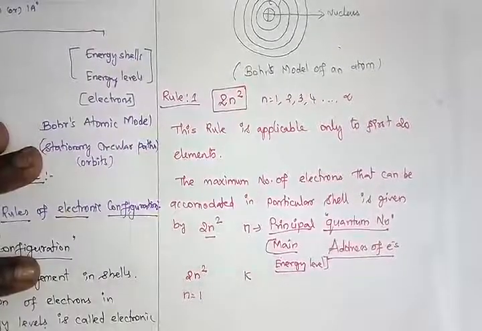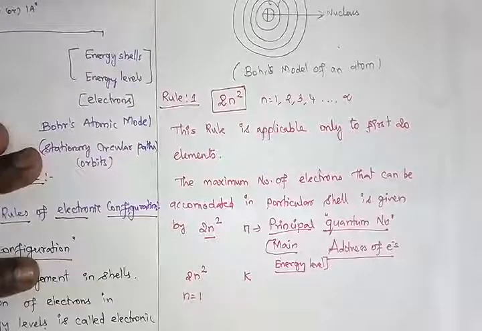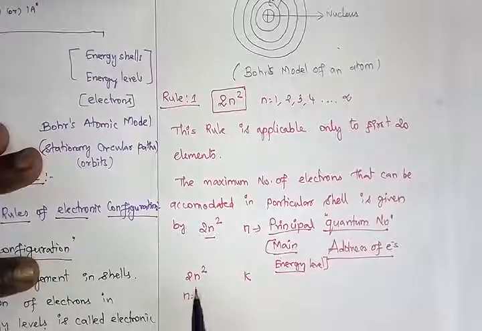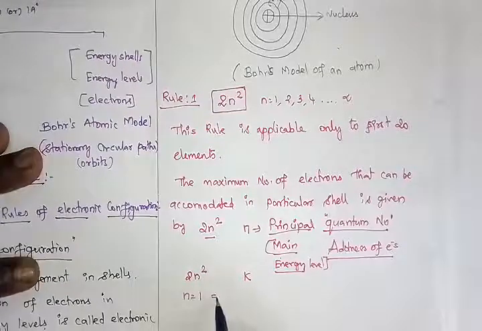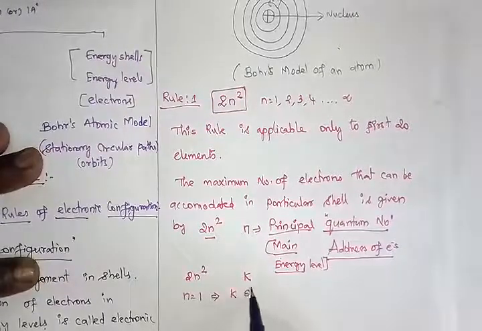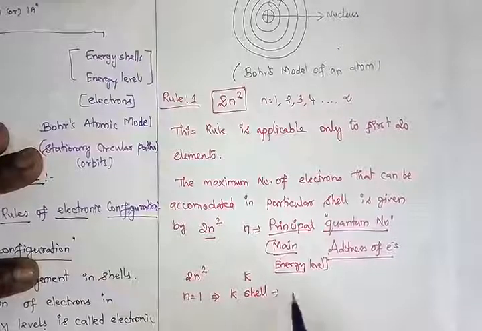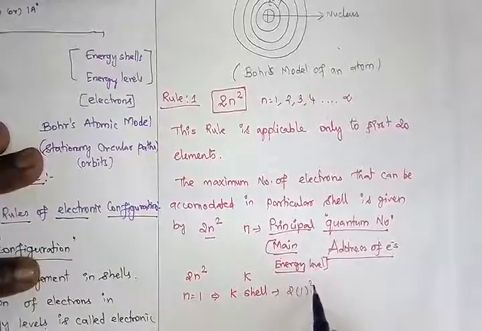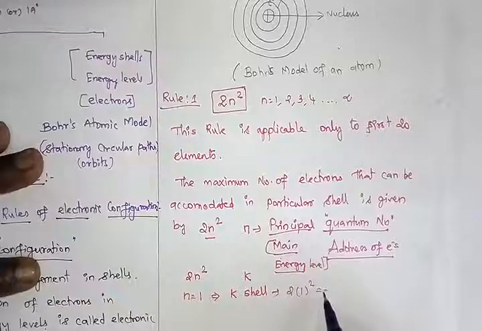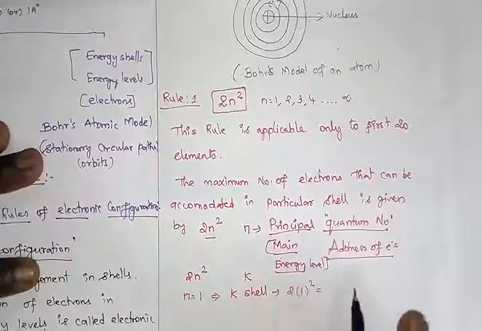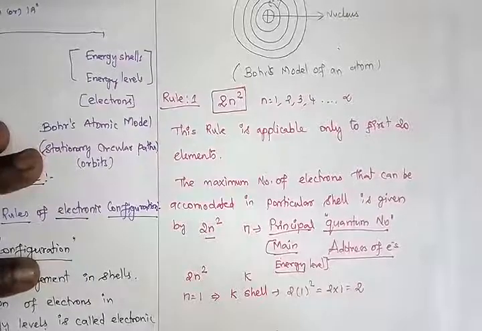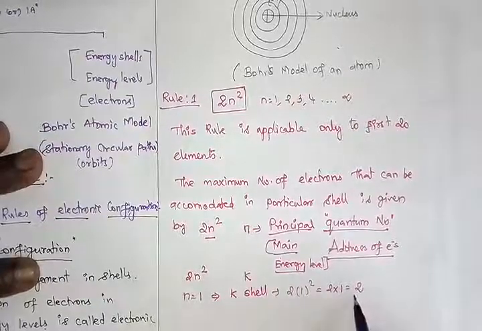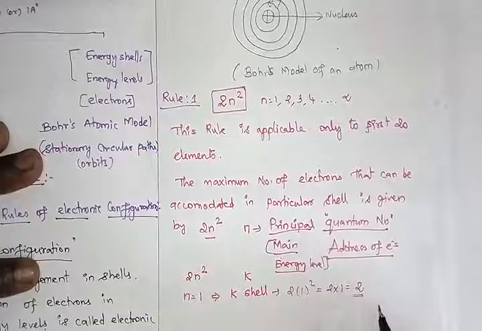Now apply n is equal to 1 in this formula. 2 into 1 squared, 1 squared is 1, so 2 into 1 is equal to 2. So in K shell, a maximum of 2 electrons can be accommodated.